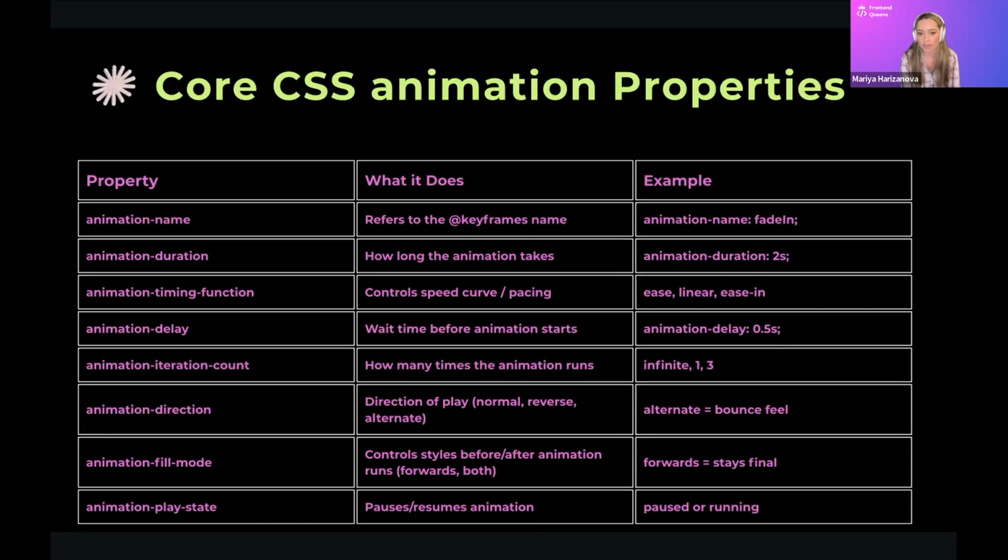One important one is the fill mode, which decides the final style after the animation ends. And lastly, we're having the play state. We can pause. All those together give you full control over how a button or any DOM element can look. And this is absolutely very powerful, but at this point, a little bit not enough.